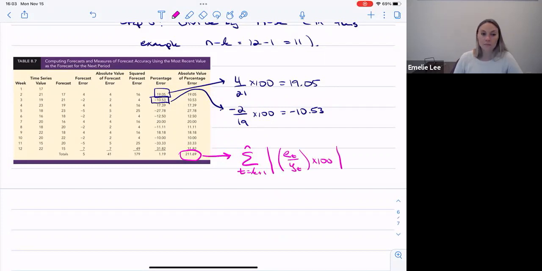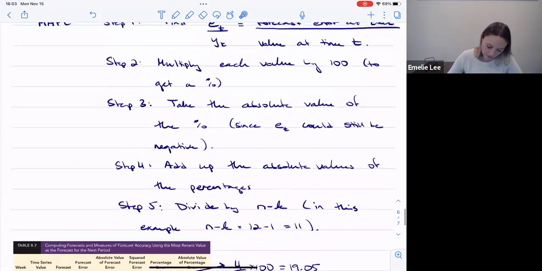So this summation is just a placeholder for the sum. It looks bad, but it's not really.